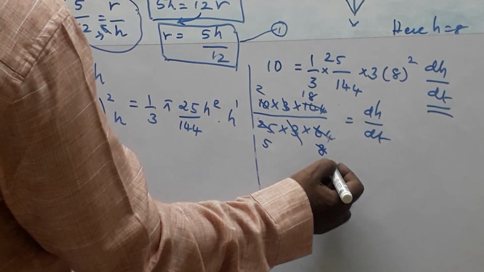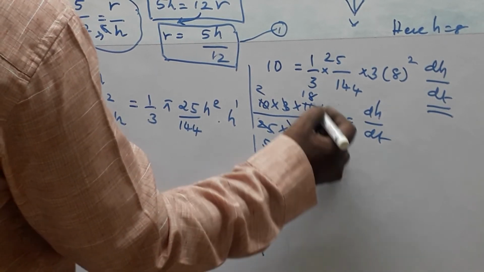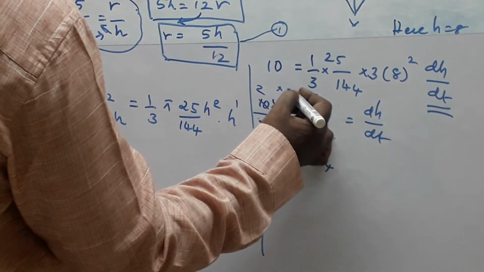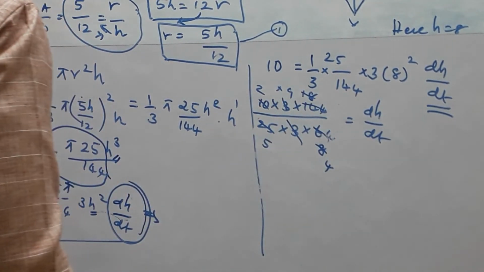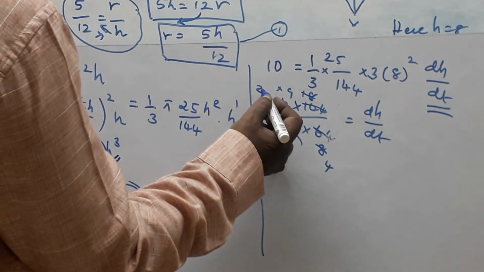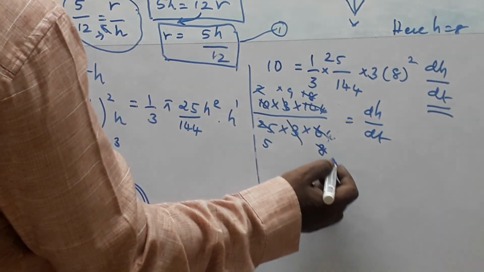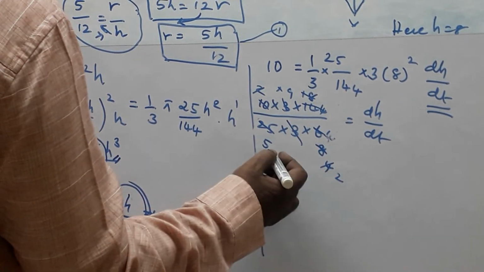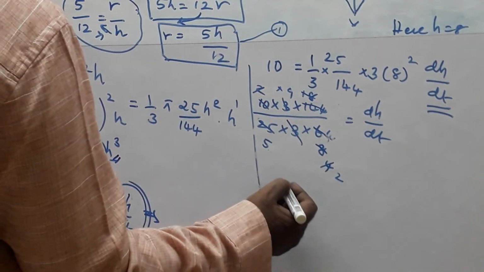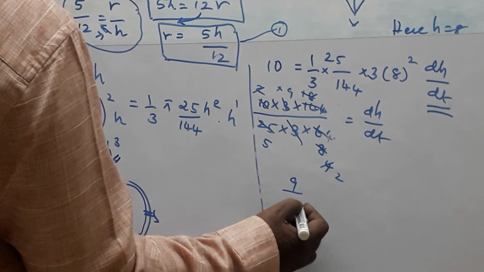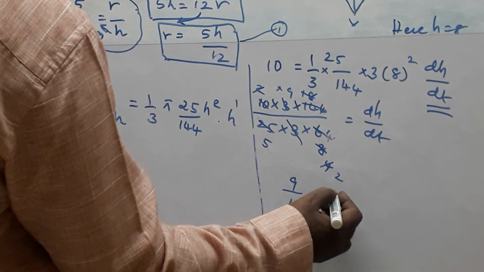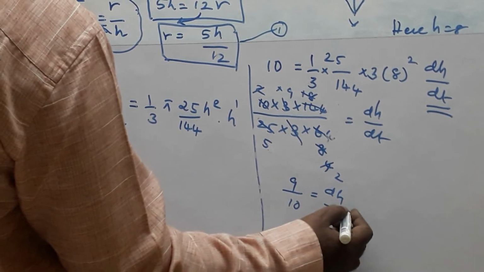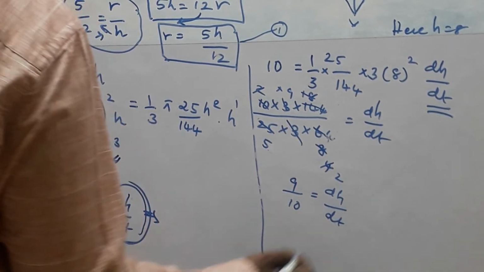Now if you divide by 2, then we get 9. Then you have to divide by 2, and 2 fives are 10, so 9 by 10. Are you clear? This is dh by dt.